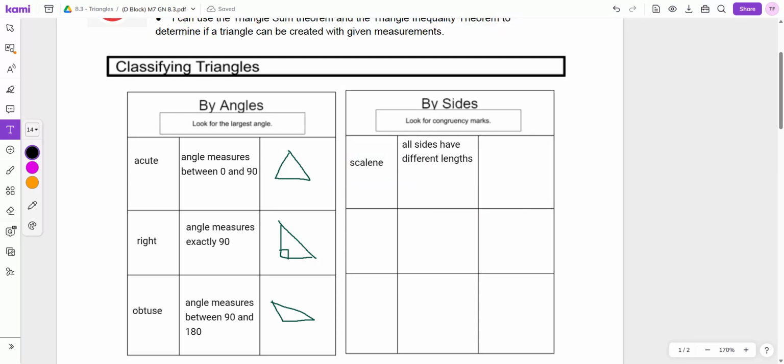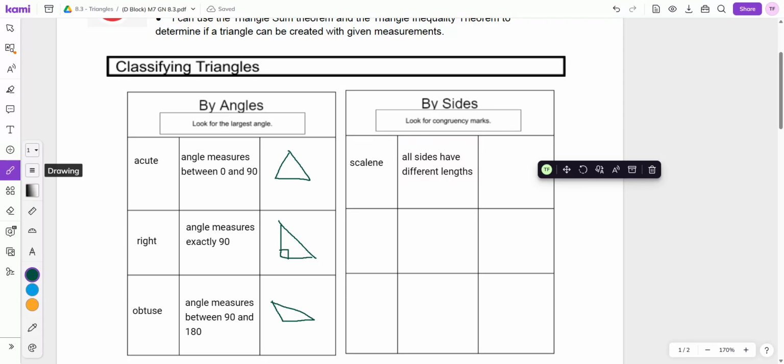Okay, so let's draw it. And then the congruency marks would look like this. As you can see, one side has one, another side has two, the third side has three. They all have different numbers of congruency marks, so that means they are all different.